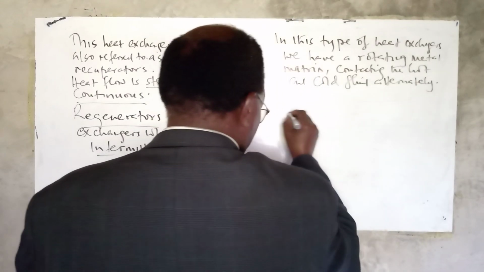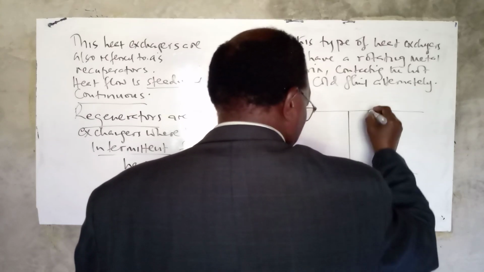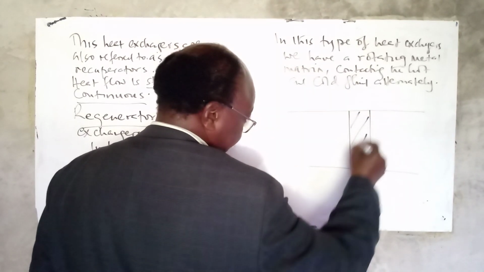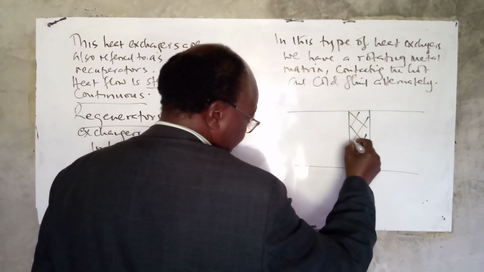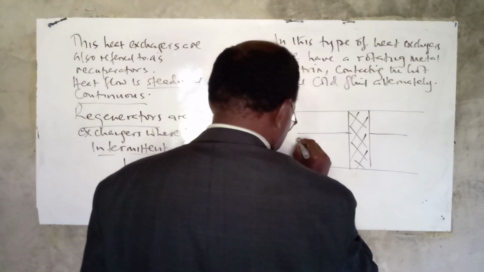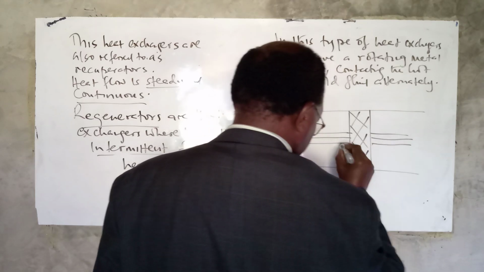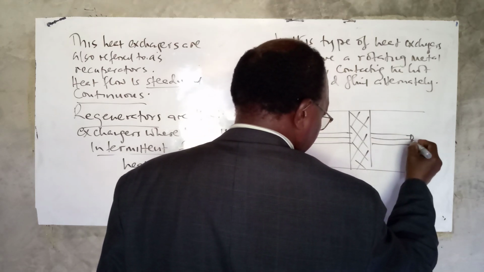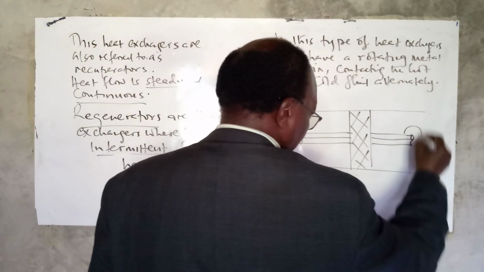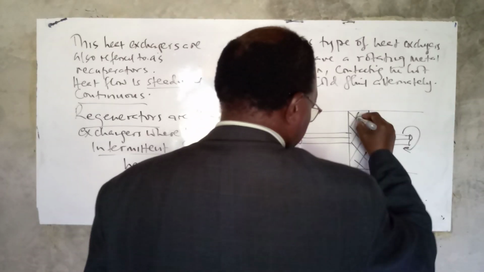So if you look at that type of system, you have a metal matrix. Let's just shade it like that. So we have a metal matrix and it is rotating. I've not drawn it to scale; it's just for illustration purposes.